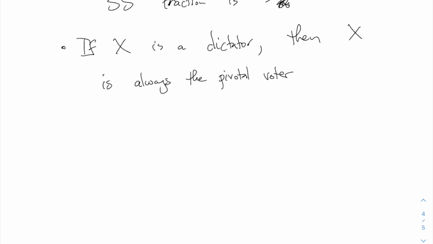The dictator is the only one who can be pivotal. And so if X is a dictator, then X is always the pivotal voter, and so their Shapley-Shubik is 100%, right? As a fraction, the numerator is equal to the denominator, which is 100%. All right.